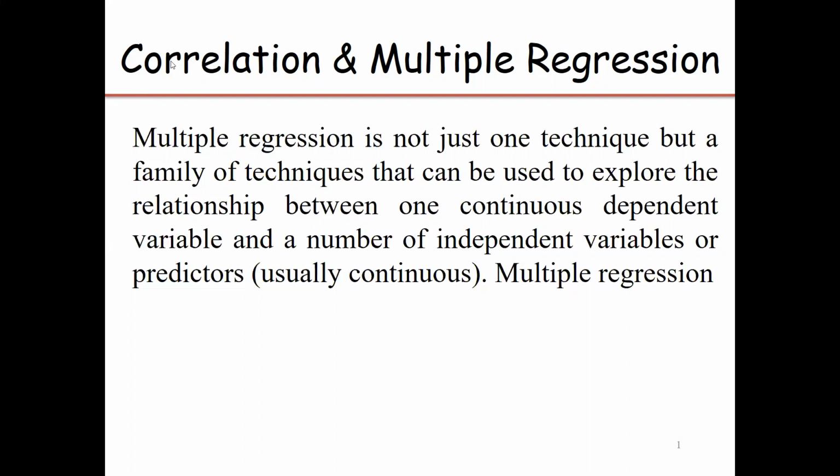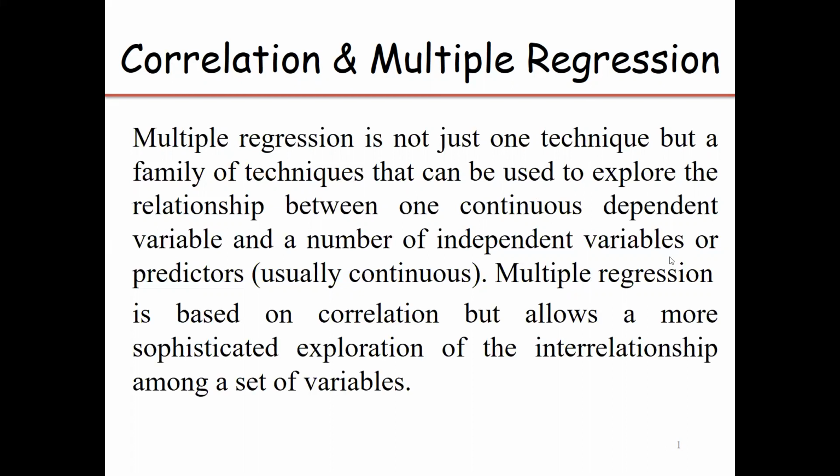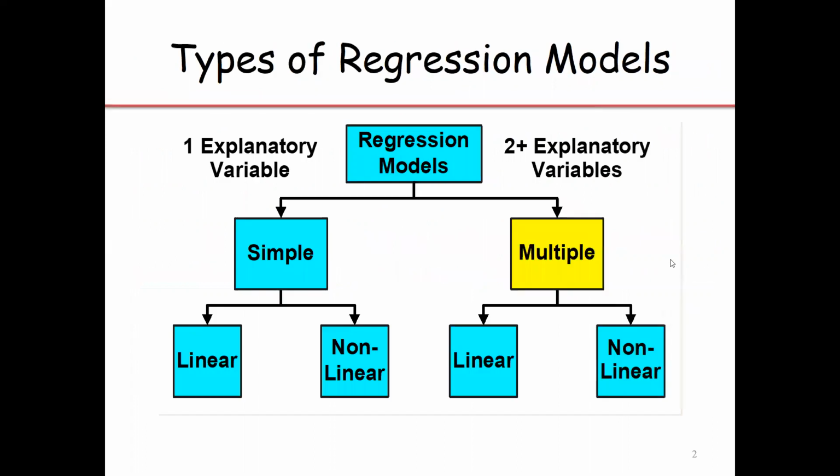Briefly, the relationship between two variables is the correlation, and when the relationship is formalized with the help of a mathematical equation, it is known as a regression model. In the regression model, if we have one dependent variable and one independent variable, we call it a simple model.